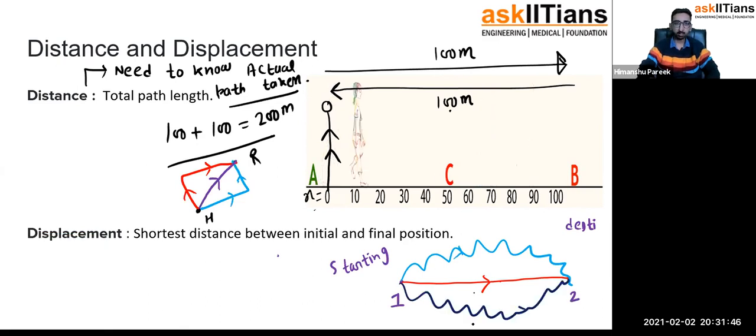It doesn't even matter. I won't even ask him. If somebody tells me that I want to go from location 1 to 2, I would not ask him the path, because displacement does not depend on the path taken. It depends on the initial and the final point. You just have to find out the straight line distance, this red color line distance.